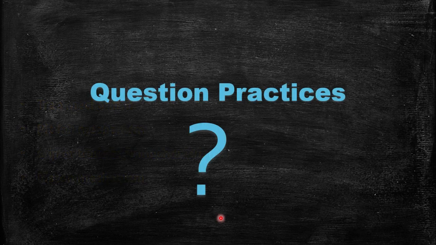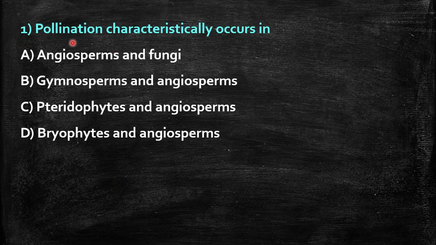Next, we will move on to question practice. The first question: pollination characteristically occurs in option A, angiosperms and fungi; option B, gymnosperms and angiosperms; option C, pteridophytes and angiosperms; option D, bryophytes and angiosperms.